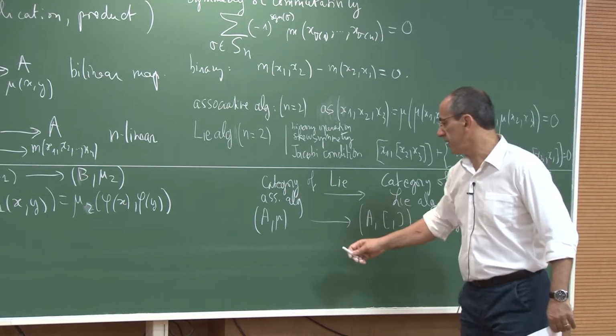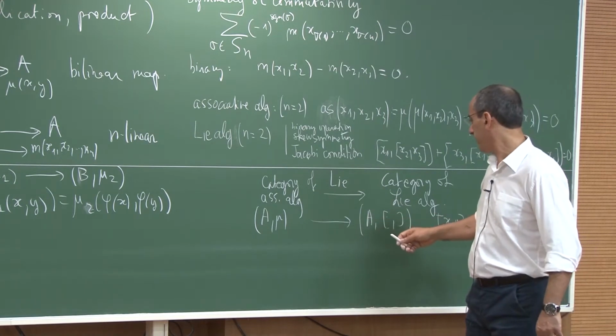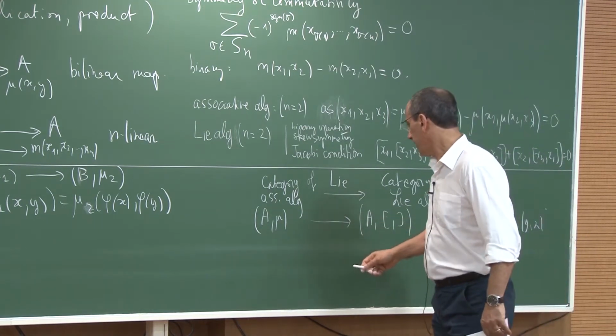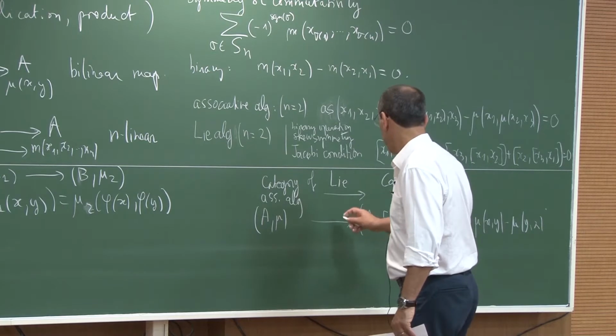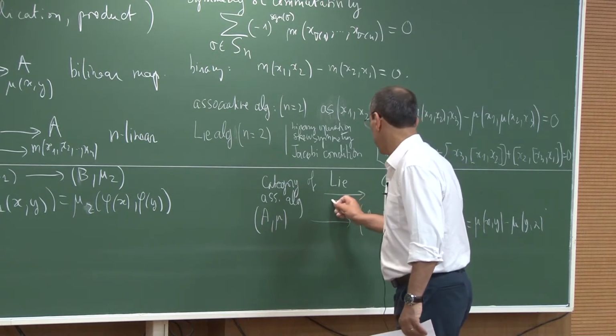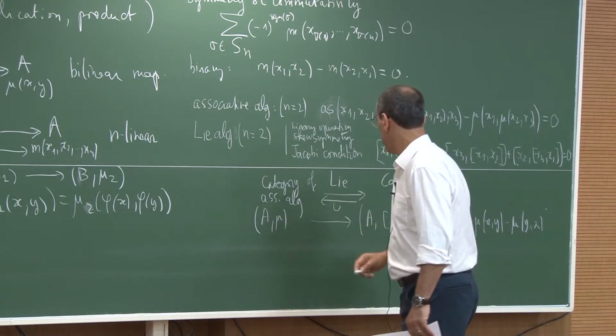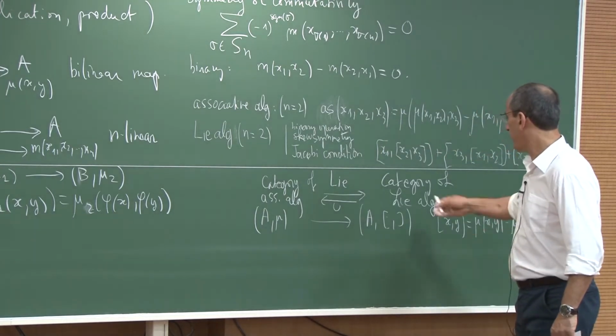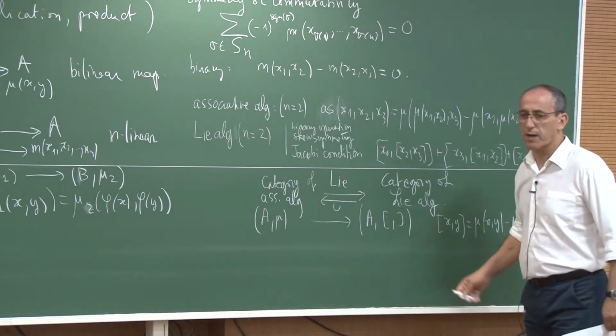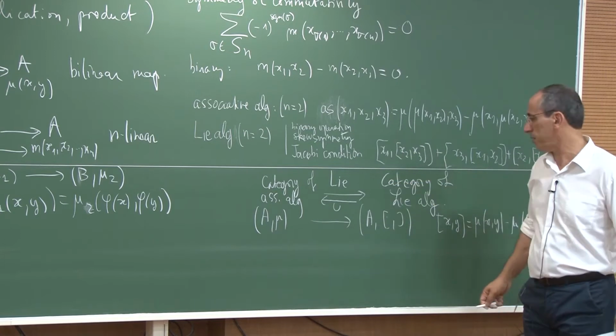There is also an adjoint functor, U, and to any Lie algebra we can associate an associative algebra.